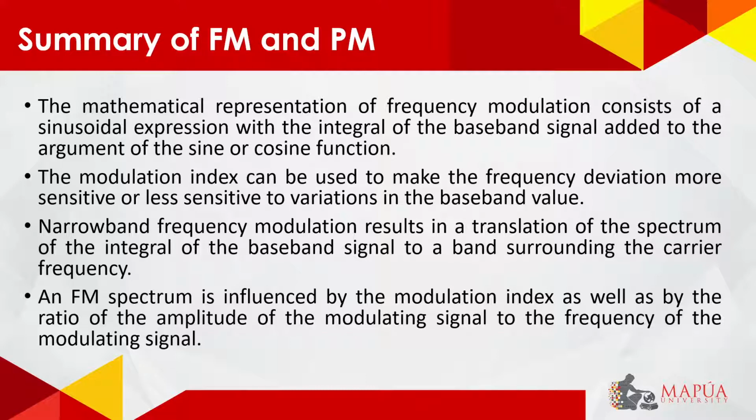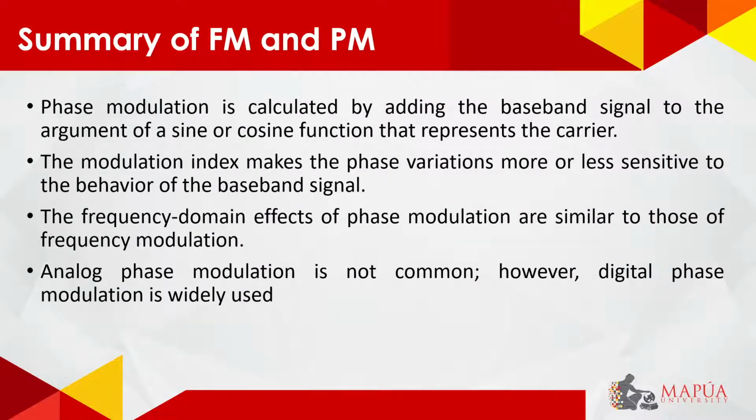Third, narrowband frequency modulation results in a translation of the spectrum of the integral of the baseband signal to a band surrounding the carrier frequency. And last, an FM spectrum is influenced by the modulation index as well as by the ratio of the amplitude of the modulating signal to the frequency of the modulation. And I think we have four more.